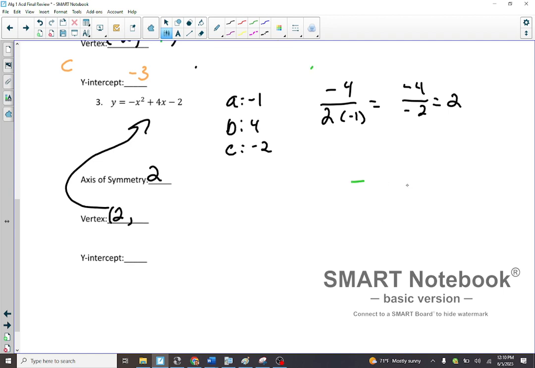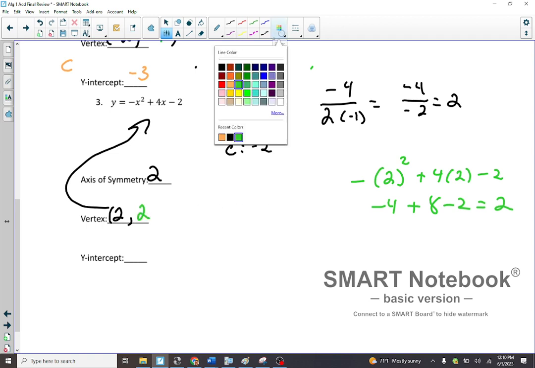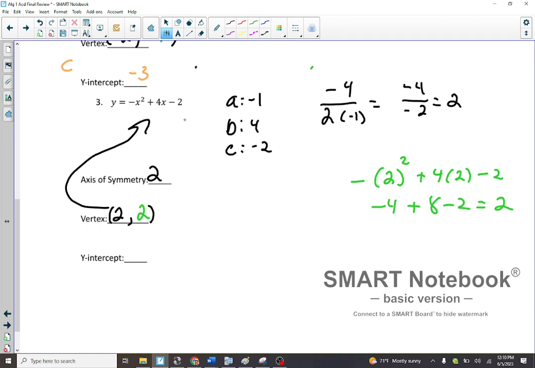Remember, the negative is outside the x. So it's negative 2 squared, just like this, plus 4 times 2 minus 2. So this is negative 4 plus 8 minus 2. That happens to also be a positive 2. The fact that the numbers are the same is just a coincidence. So this is 2. And your y-intercept, your c value, is negative 2.